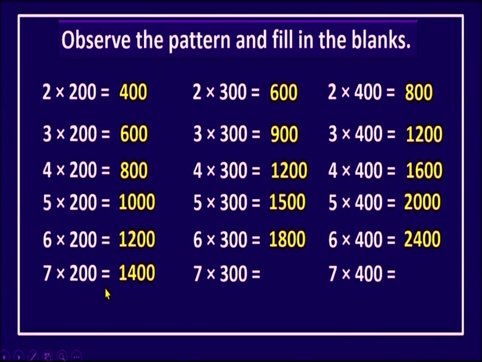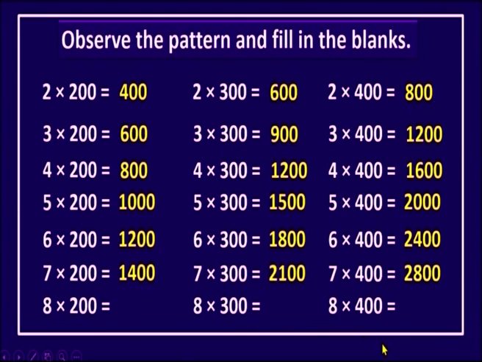So here 7 into 2 is 14, so 0 0, 1400, 7 into 3 is 21, and 2 zeros after that, so 2100, and finally 7 into 4 is 28, after that 2 zeros, 2800. Absolutely right, children. I think you can do these 3 also, isn't it, children? Come on, quickly tell me the answers for this. Yes, 1600, that is absolutely right, and this one 2400, you are again right, and 3200.